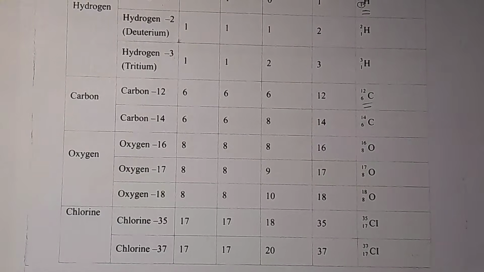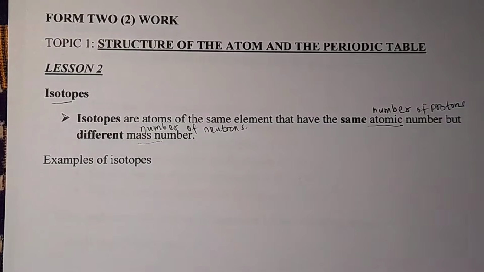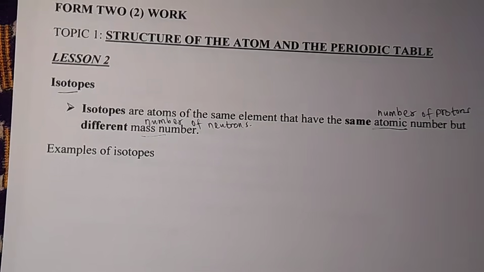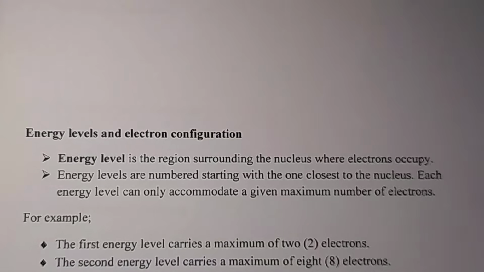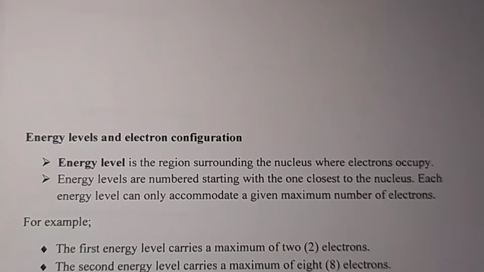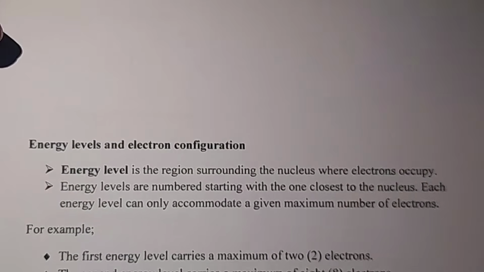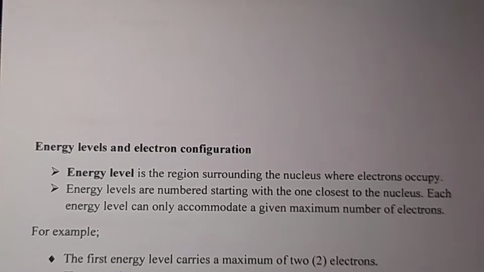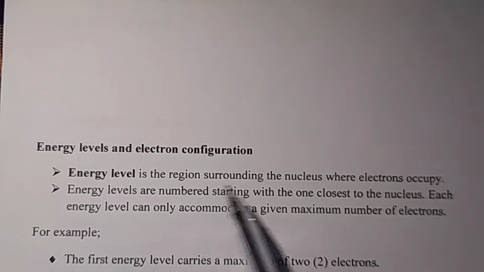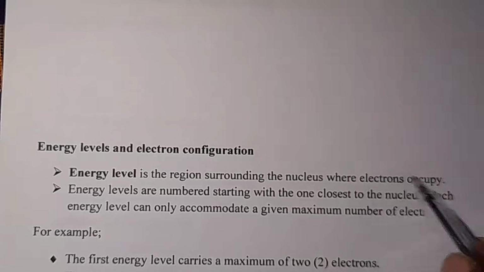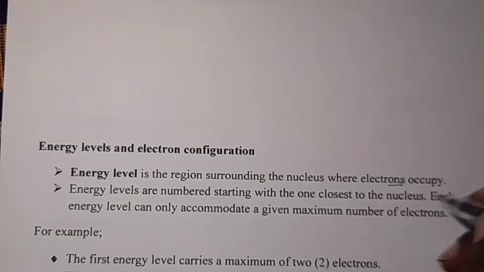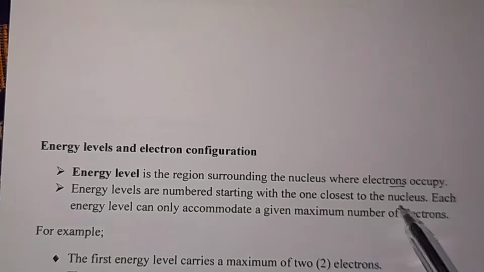Thereafter, let's go to energy levels and electron arrangement, or electron configuration. We have seen energy levels a long time ago, when we were dealing with the regions of an atom. An energy level is the region surrounding the nucleus where electrons occupy. Energy levels are numbered starting with the one closest to the nucleus.